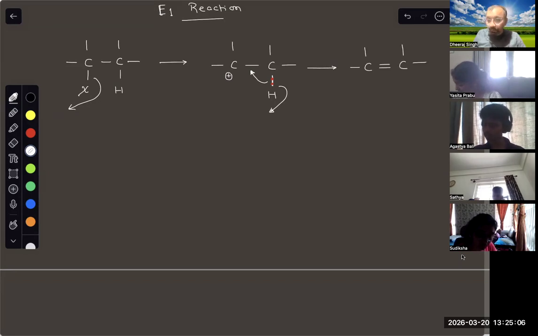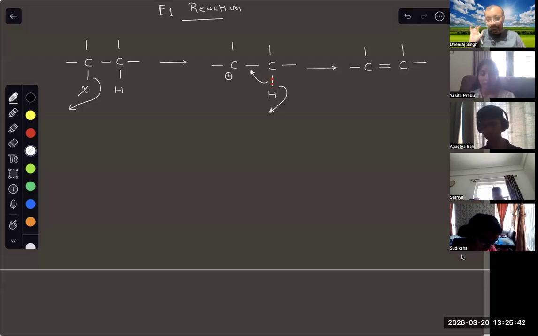This is what you can see. We'll discuss how and why it happens, but this is the E1 mechanism. First, the leaving group leaves, a carbocation gets created, and then H plus is extracted. H plus is gone, but the 2 electrons of the carbon-hydrogen bond get paired and create a carbon-carbon double bond.